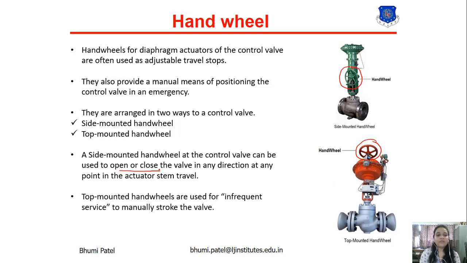Now the top mounted hand wheels are used for infrequent service to manually stop the valve. So if we need to stop the valve infrequently, we can use the top mounted hand wheel. So this is the use of the hand wheel in the control valve.